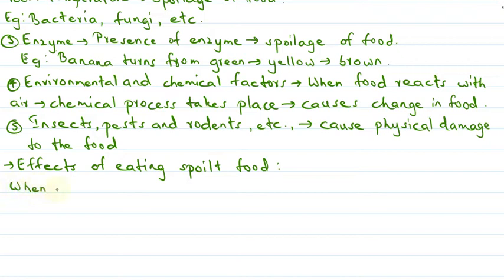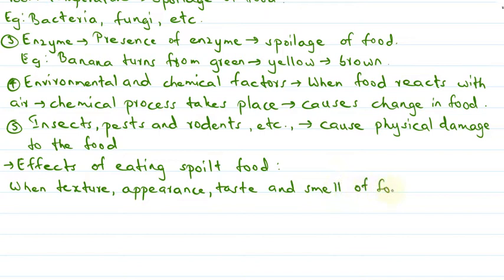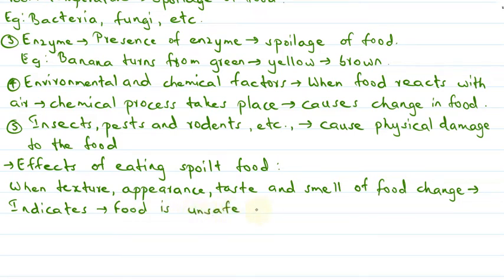When the texture, appearance, taste, and smell of food change, all these things indicate that the food is unfit or unsafe to eat. So such food must not be consumed.